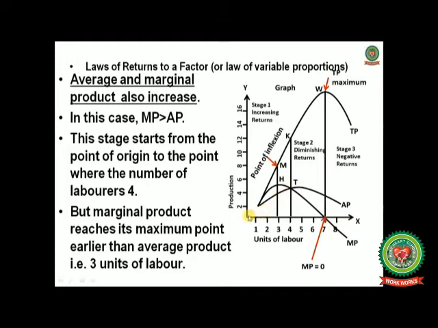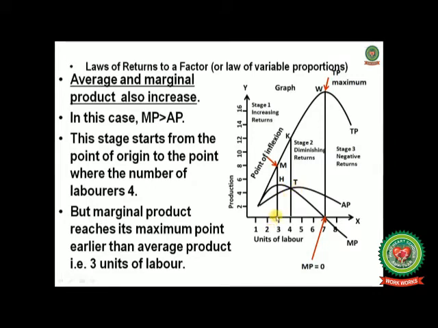the point of origin, where the number of laborers is increased till the 4th unit of laborer, and at the 4th unit of laborer marginal product and average product will intersect with each other.